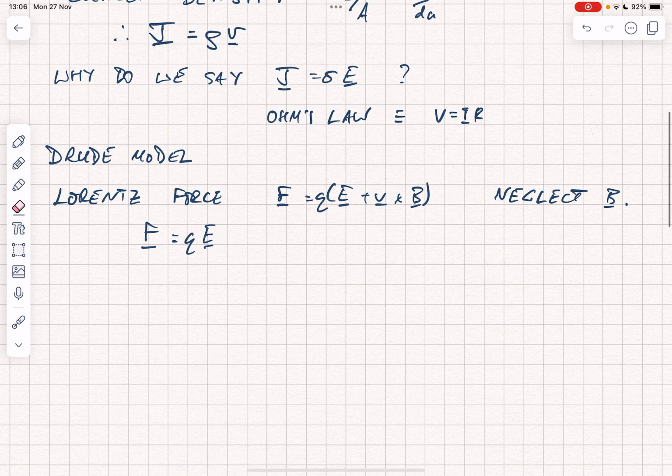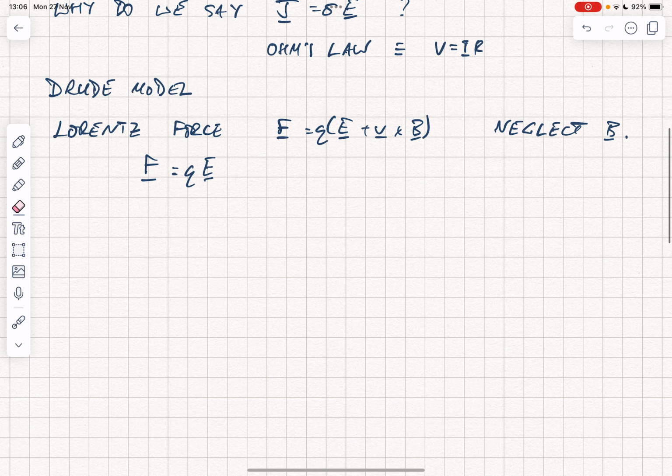And what we're going to say is that we have a constant force, which is the Lorentz force, but it is balanced by scattering in a conductor.